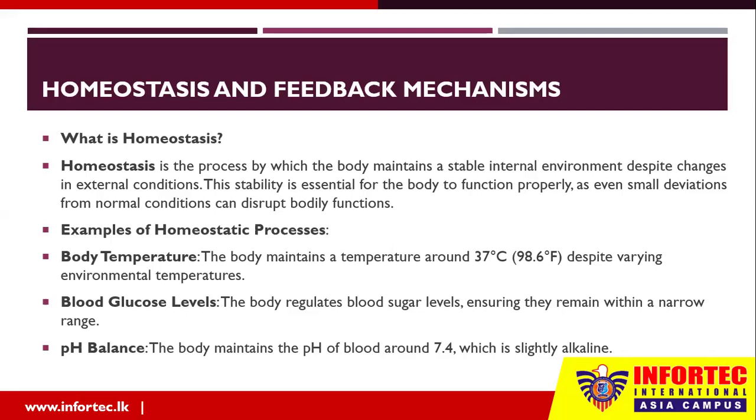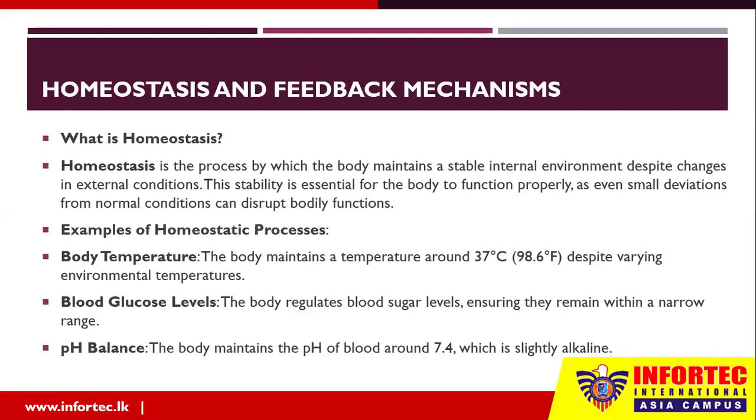There are hormones. Insulin lowers our blood glucose level when it is high, right? If our blood glucose level is lower than the normal range, glucagon raises it, right? It is the homeostatic action, right?